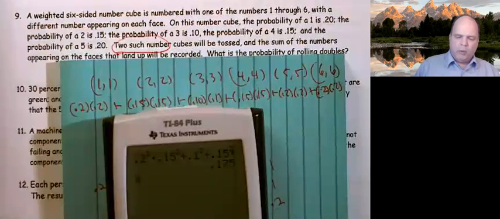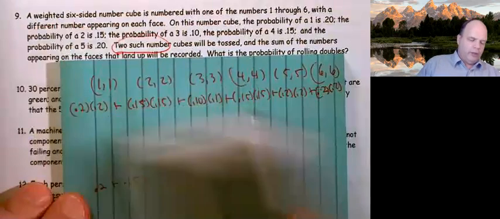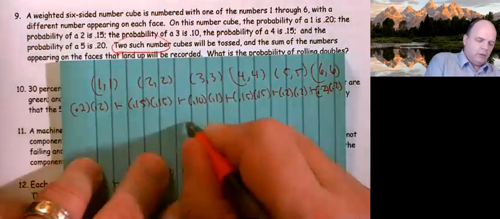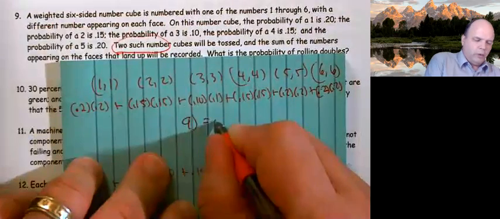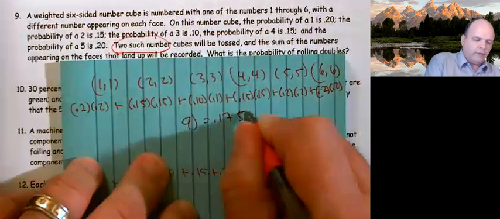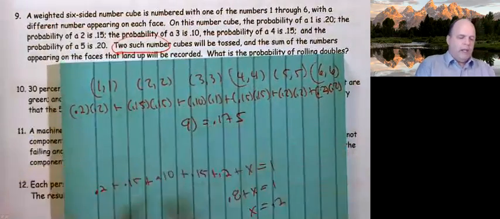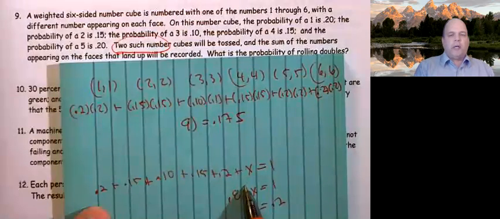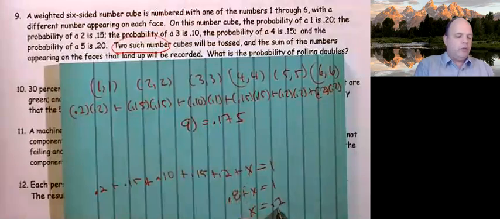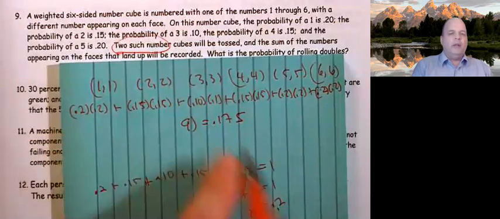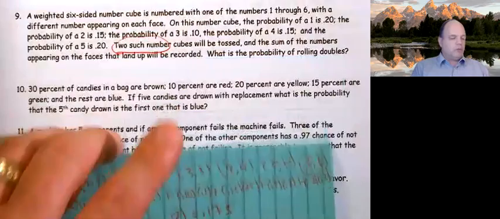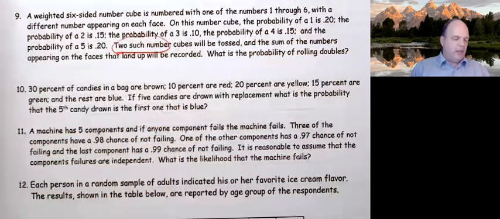And I ended up getting 0.175. So the answer to number 9 equals 0.175. All right. I did this because I knew it had to be a valid probability distribution. It had to sum to 1. So my probability of the 6 is 0.2. And I needed 2 of each one. So I just squared the probabilities and summed them together.